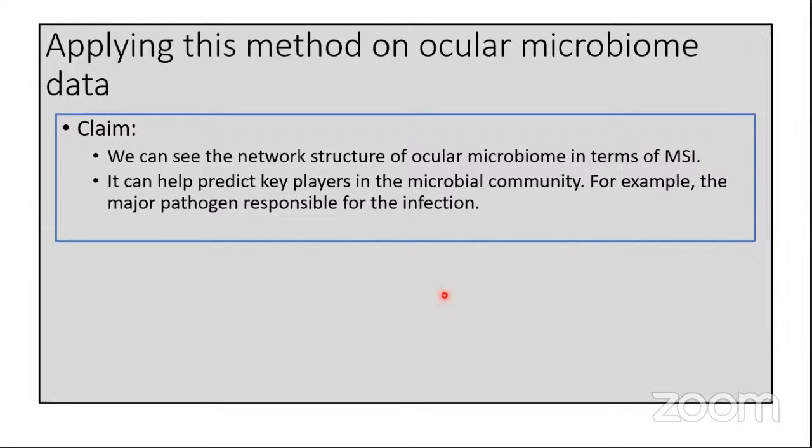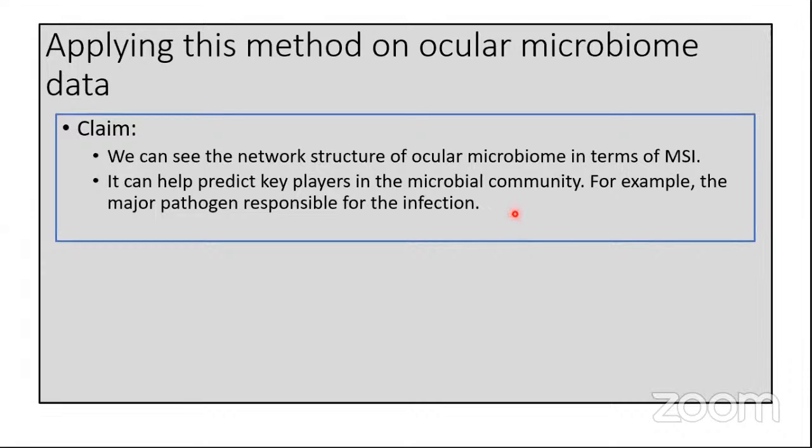So applying this method to ocular microbiome data, we claim that we can see the network structure of the ocular microbiome in terms of MSI, and we can also predict the key players in this ocular microbial community.